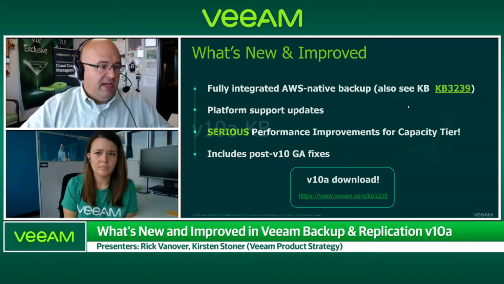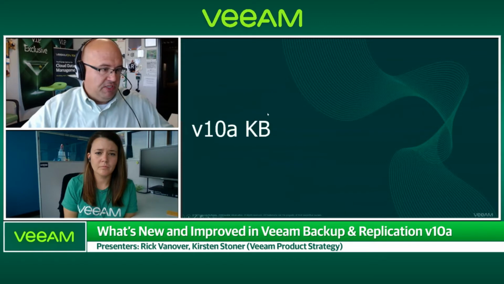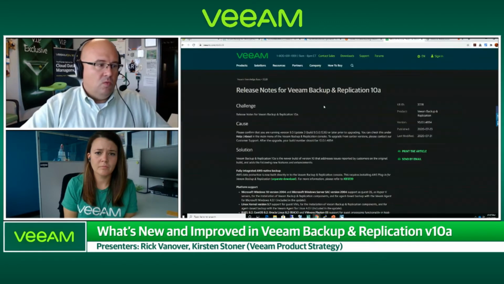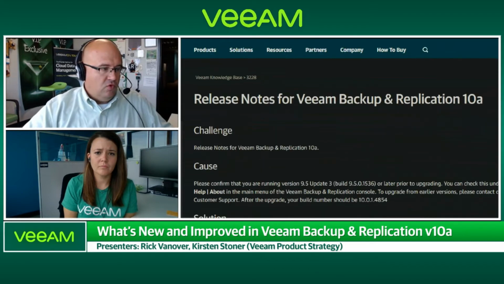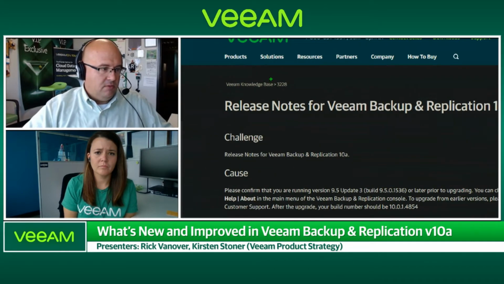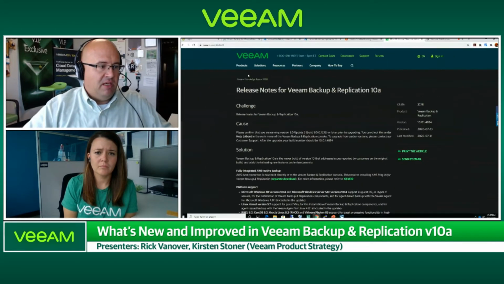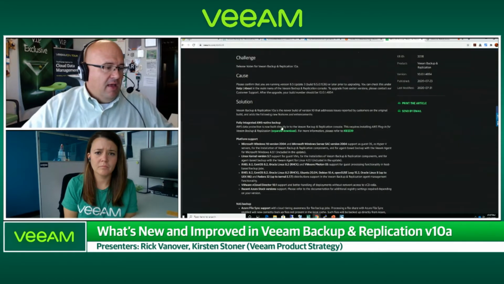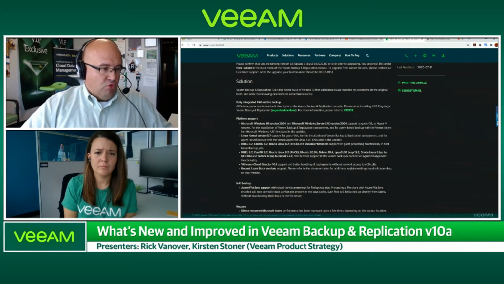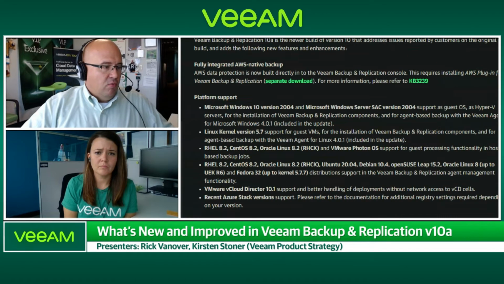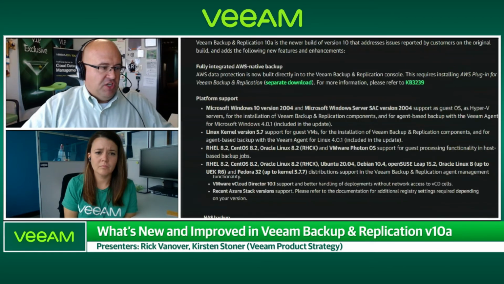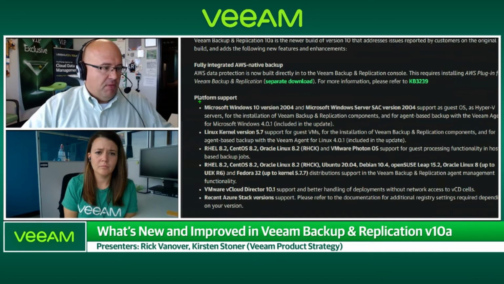So what I want to do now is actually just open up the knowledge base article here. So the knowledge base article for V10A is 3228, right? So you can just go to veeam.com, KB 3228. I think the platform support's a great place to start, and this is one of those things that I mentioned, that Windows platform.